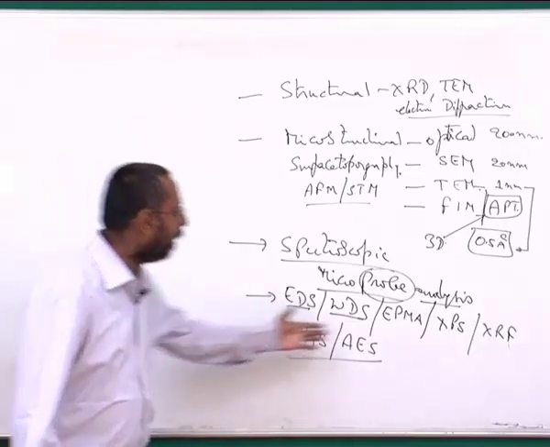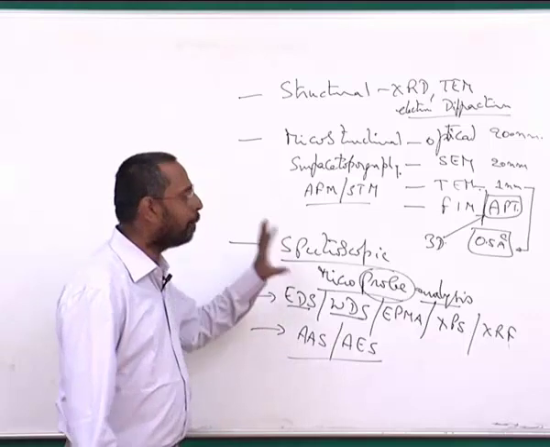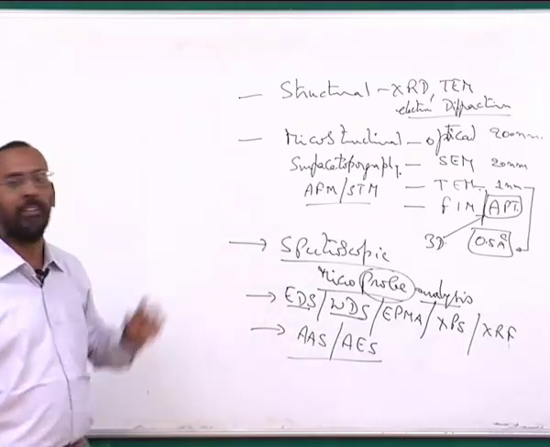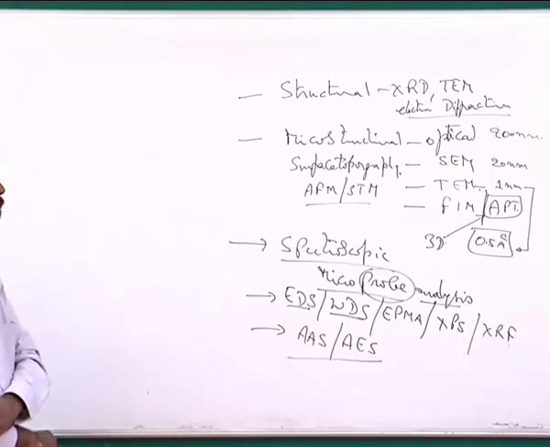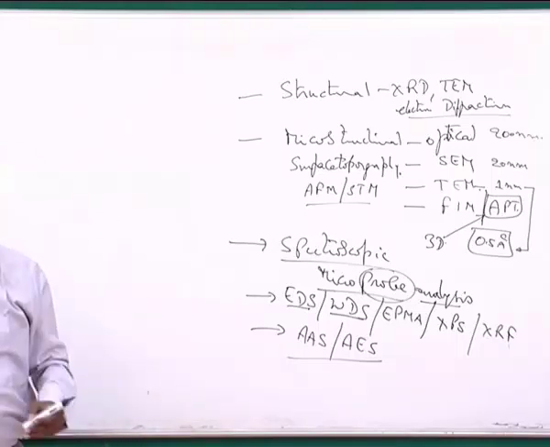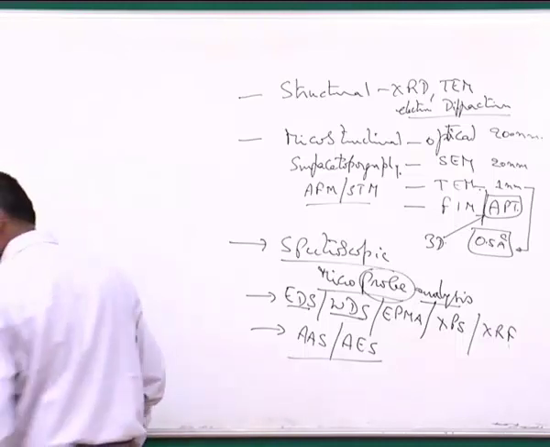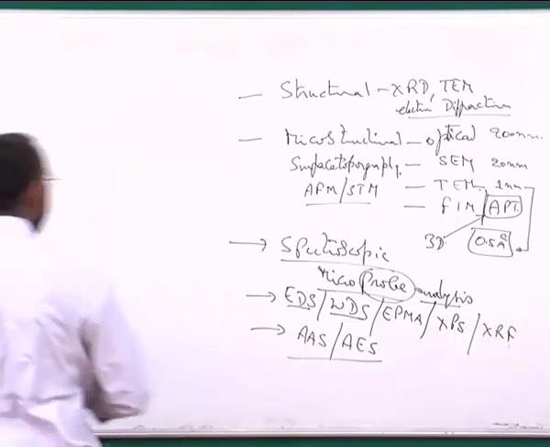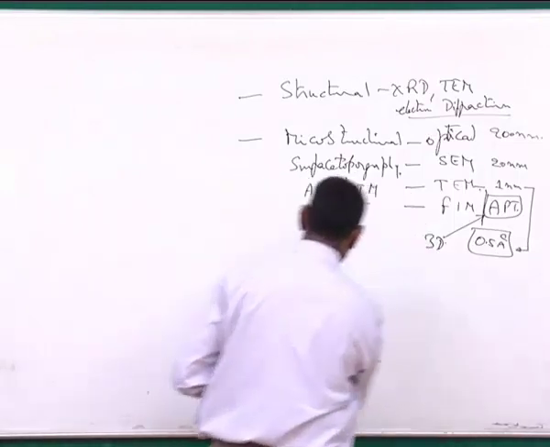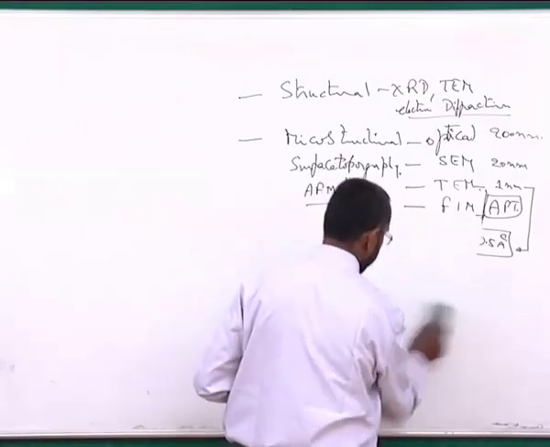All these principles are used to be able to understand this. So these are all the three basic characterization tools that we have understood so far: the structure, the microstructure, and the composition. Now let's find out how to analyze the sample a little more using thermal energy.